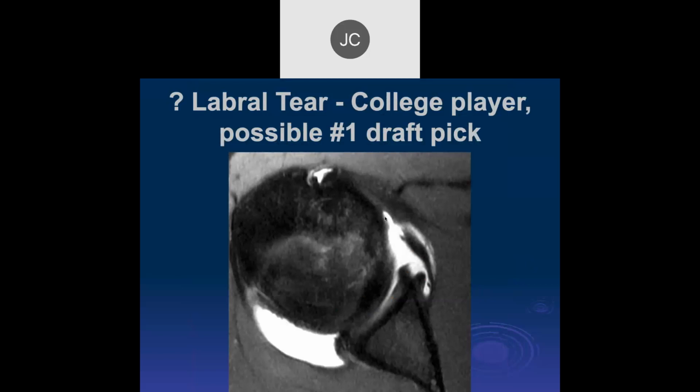Now, this was a potential number one draft pick college football player from a well-known school in the southeast part of the United States. He came out for evaluation because he had shoulder pain. And there was some concern about whether he'd even be drafted, much less number one, because of the way this MR arthrogram was read. So how would you read it?